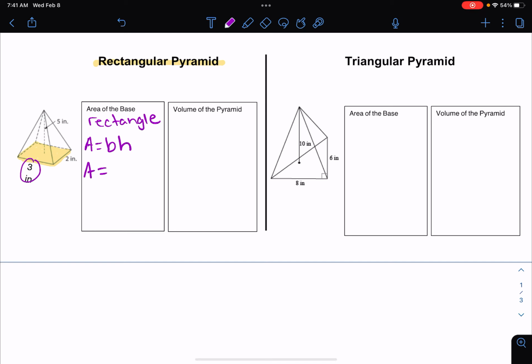Now we're going to substitute in our numbers. We have the base of our rectangle, which is 3, times the height of our rectangle, which is 2. You just multiply those two, right? 3 times 2 is 6.